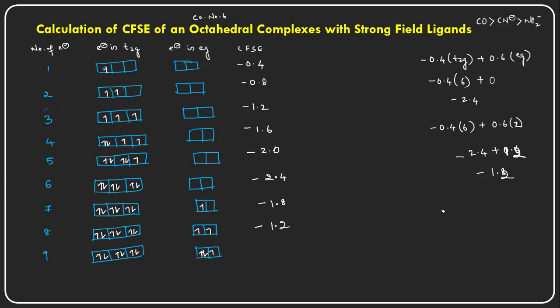Because minus 0.4 into 6 electrons are present in the T2g orbital, plus 0.6 into how many electrons are there? 3 electrons are there. So minus 0.4 into 6 will be minus 2.4 plus 0.6 into 3 will be plus 1.8. So the value will be minus 0.6, right? So minus 0.6.